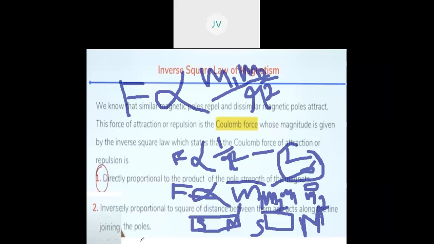And the second one is, force is inversely proportional to R square. Inversely means that it is decreasing. One is increasing, one is decreasing. So 1 by R square. Combining together, we get M1 M2 divided by R square. This is not much important, but even though I am explaining it to you all. So we'll move to the next one.